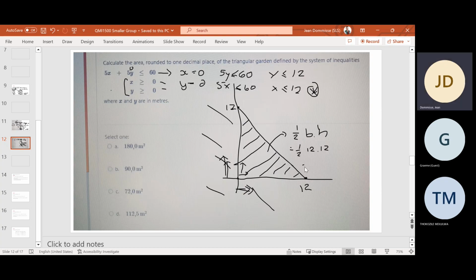If I calculate that, 12 times 12 is 144. If I times it with a half, I will get 72.